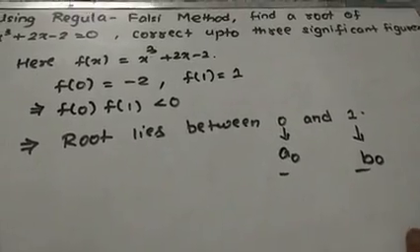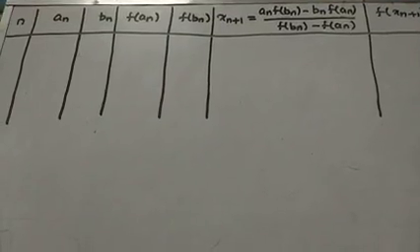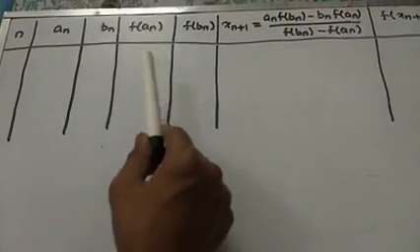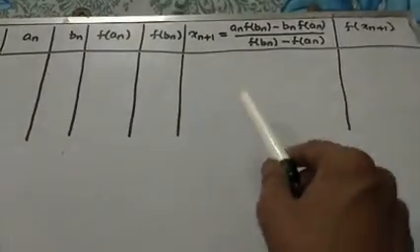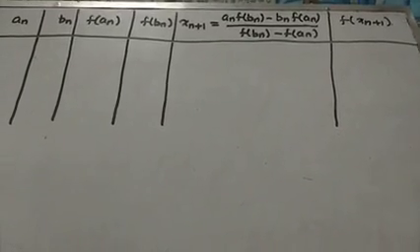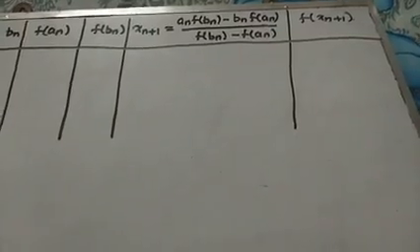Now we'll construct a table and try to solve. Here the table I have drawn is just like a working scheme: n, an, bn, f of an, f of bn, then xn plus 1 by the same formula, an f of bn minus bn f of an divided by f of bn minus f of an, and last f of xn plus 1.